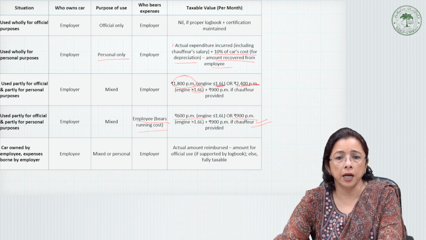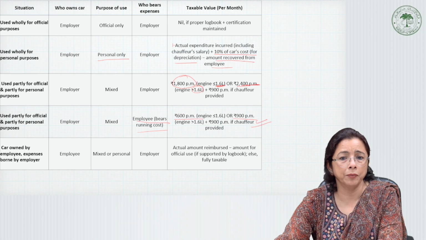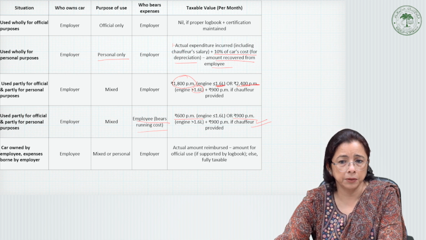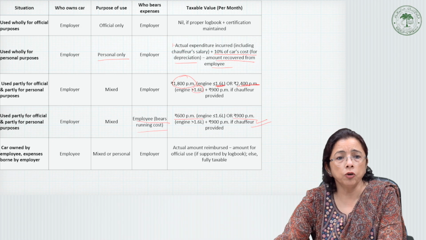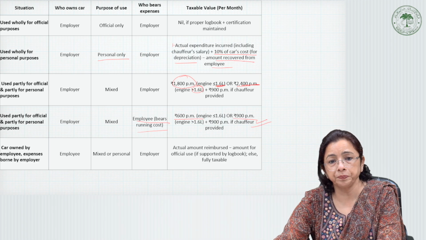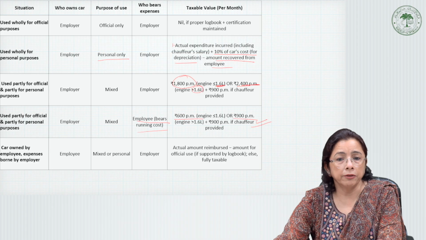That is, if the car is owned by the employer, and also, as discussed in point number 3, if the car is taken on lease by the employer. So we will go back to points number 2 and 3, and those points have to be taken into consideration in a case of more than one car.